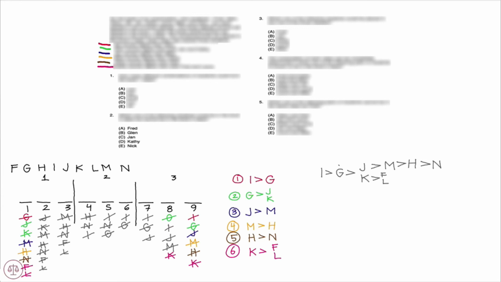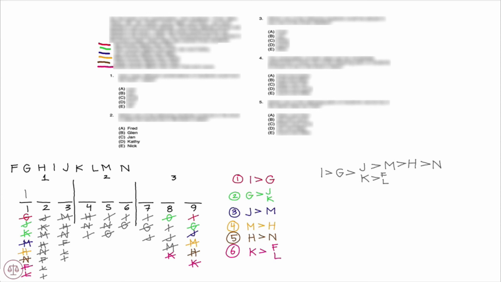We see that I has 1, 2, 3, 4, 5, 6, 7, 8 students that score lower than him. That means that I cannot be third and I cannot be second, meaning the only place that I can show up is first. We know that G now has 1, 2, 3, 4, 5, 6, 7 students to the right of it.